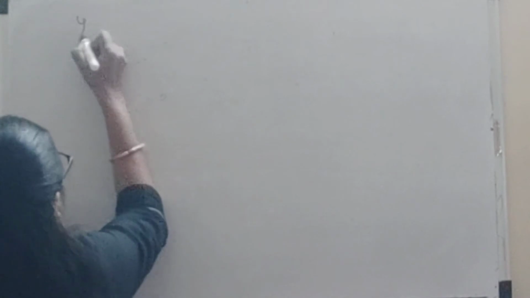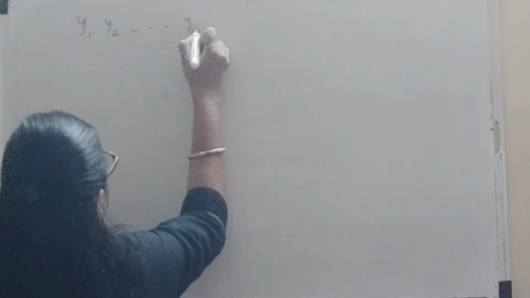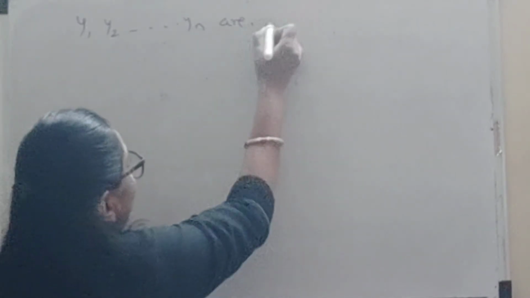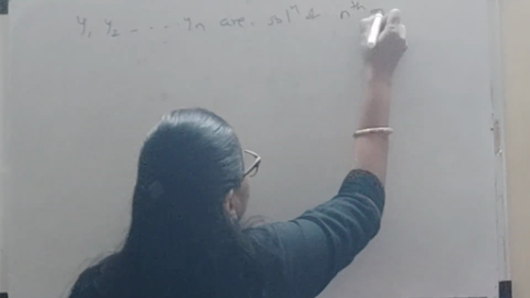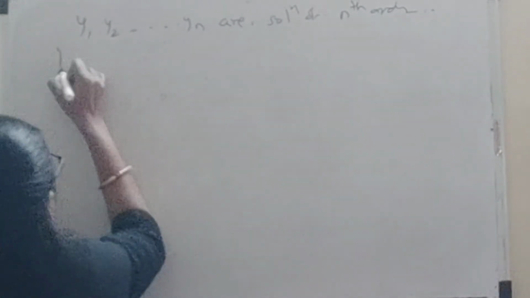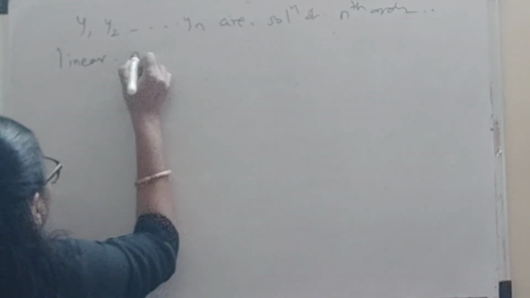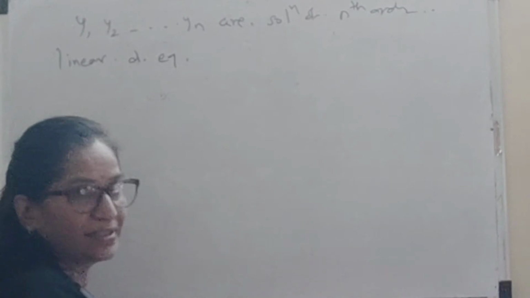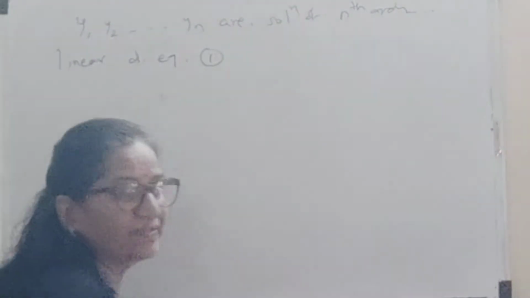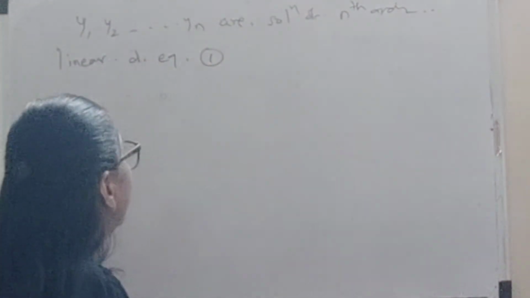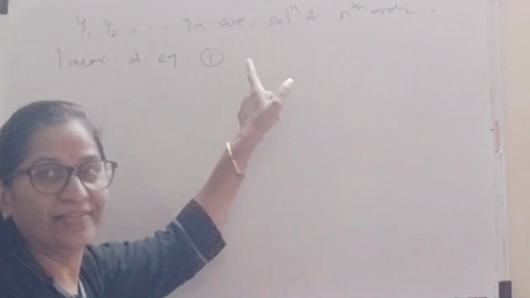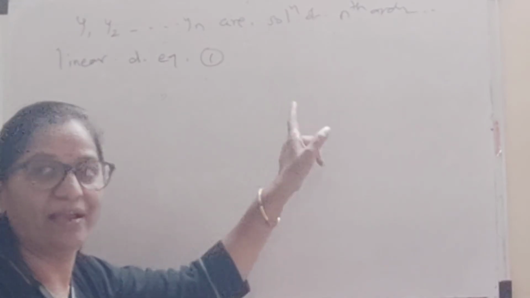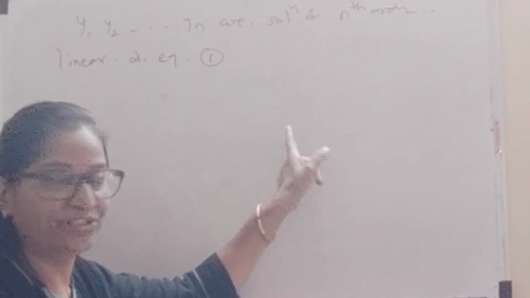Suppose y1, y2 up to yn are solutions of the nth order linear differential equation given just now by equation 1. Now how should these solutions be? All these solutions should be n minus 1 times differentiable. That is the must condition.